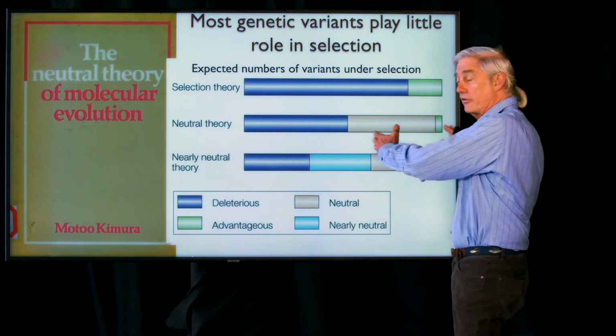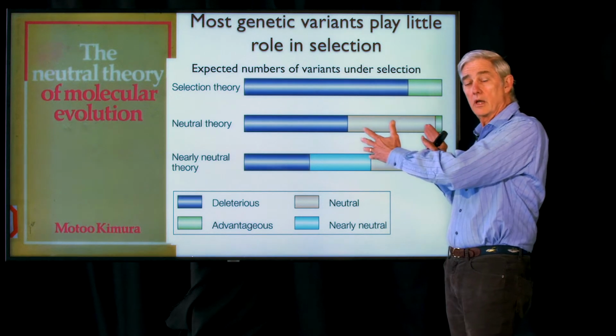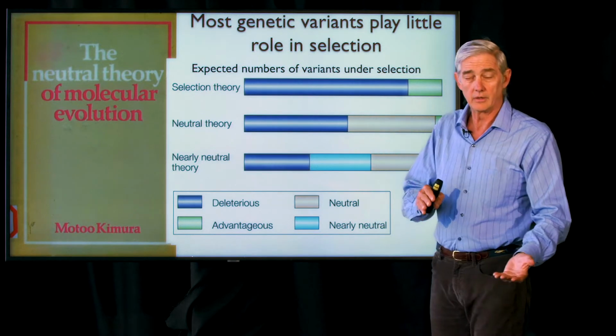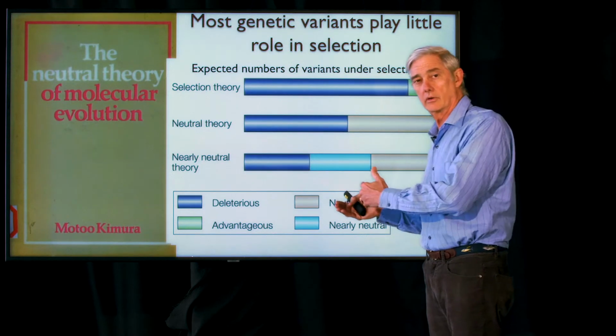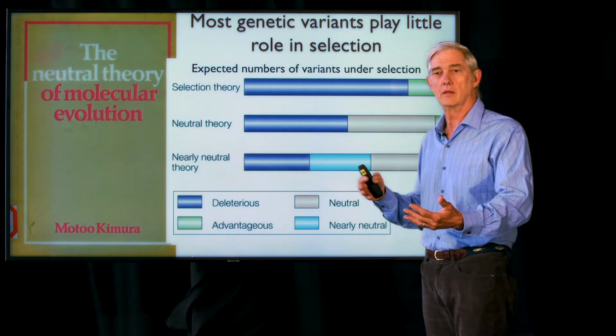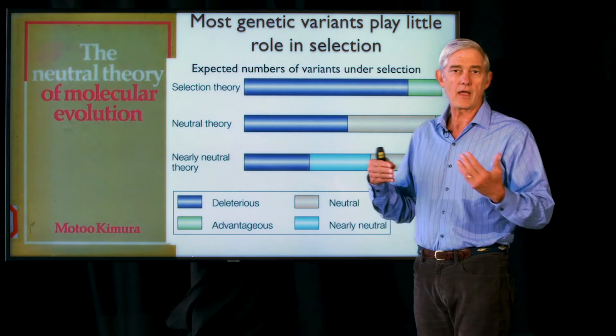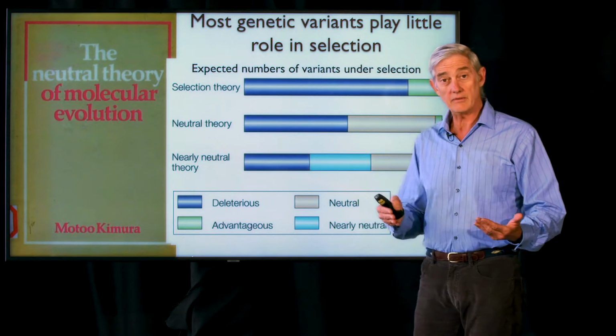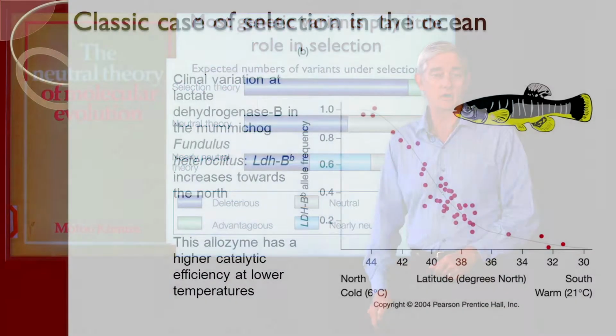And the ones that are still polymorphic are the ones that selection is neither decreasing because they're deleterious nor increasing because they're advantageous. And these neutral genes, it turns out, make up the vast bulk of the genetic variation that we see in most species, even in extreme environments.